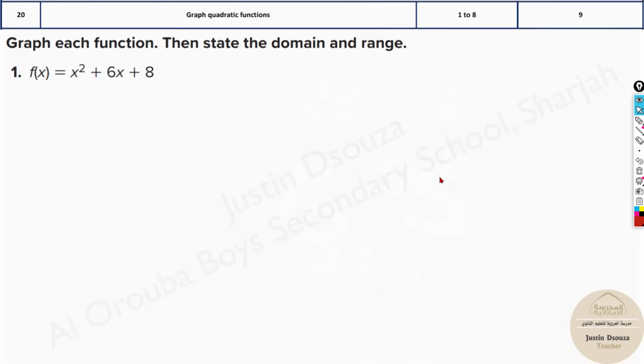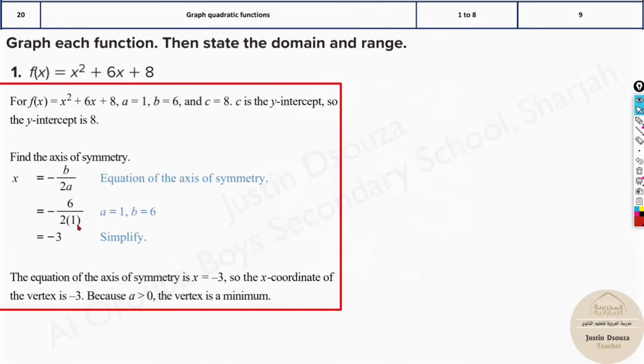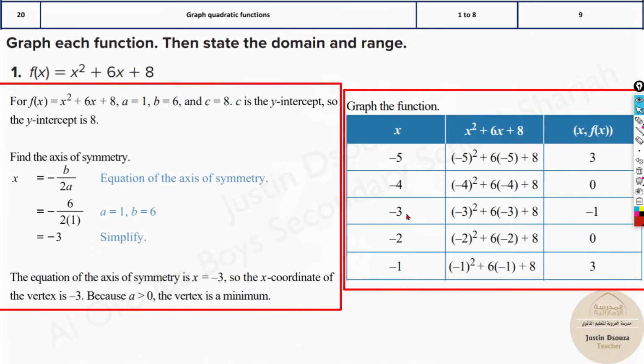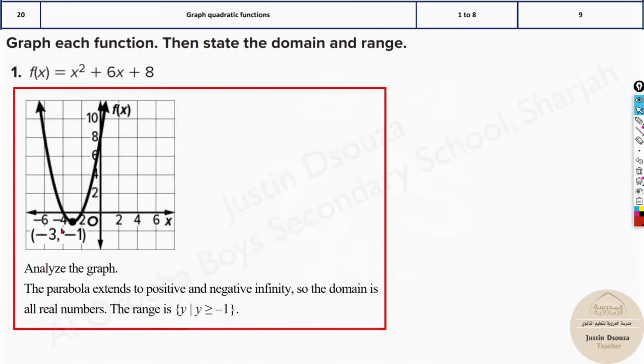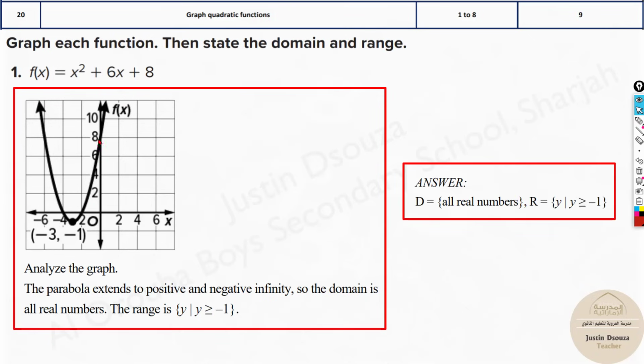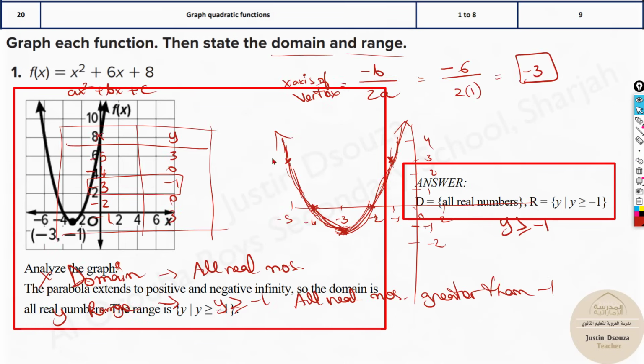Let us quickly look through the solution as well. The first is the axis of symmetry of the vertex. Then say this is the middle point. We got the same values, and then graphing over here. This is the graph. And if you take an accurate scale, you will get the accurate graph. My scale over here was not at all accurate, but you can see the resemblance.